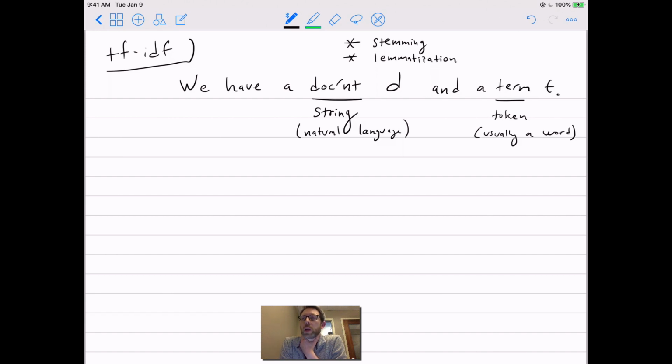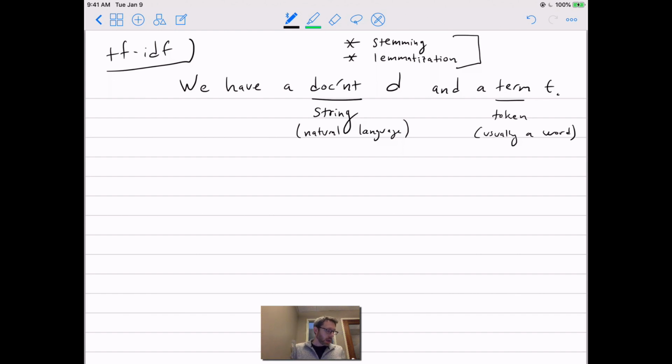So for example, I often go running, or sometimes I run, or yesterday I ran. Those are all spelled differently, so in a strict vocabulary sense, they will all be seen as different tokens. But semantically, I'm talking about something very similar. So stemming or lemmatization are two different, very closely related approaches to try to solve that problem, where we recognize that these are basically the same word. All right, but I'm not going to get into that any more than that.